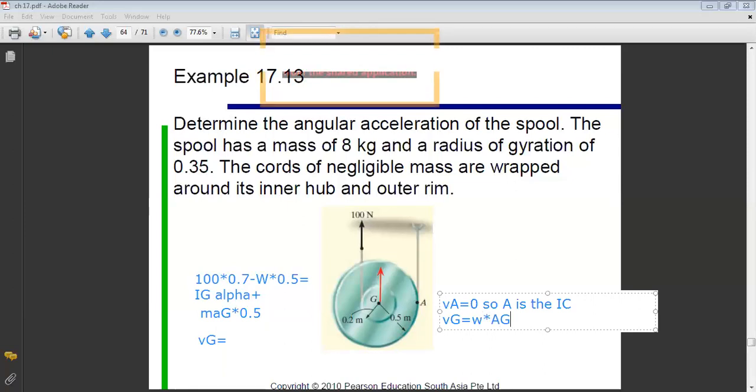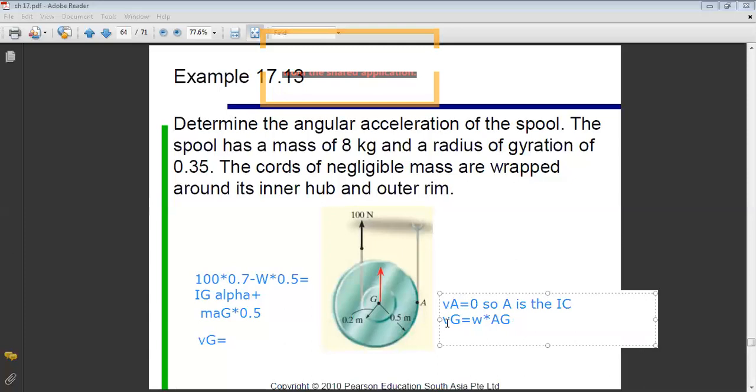Now, because G is doing translation, acceleration and velocity will be along the same line. So I don't have a change in direction for velocity and also for acceleration. Therefore, I can derive this relation. This relation is always applicable, and it's only a variation in magnitude, not in direction.